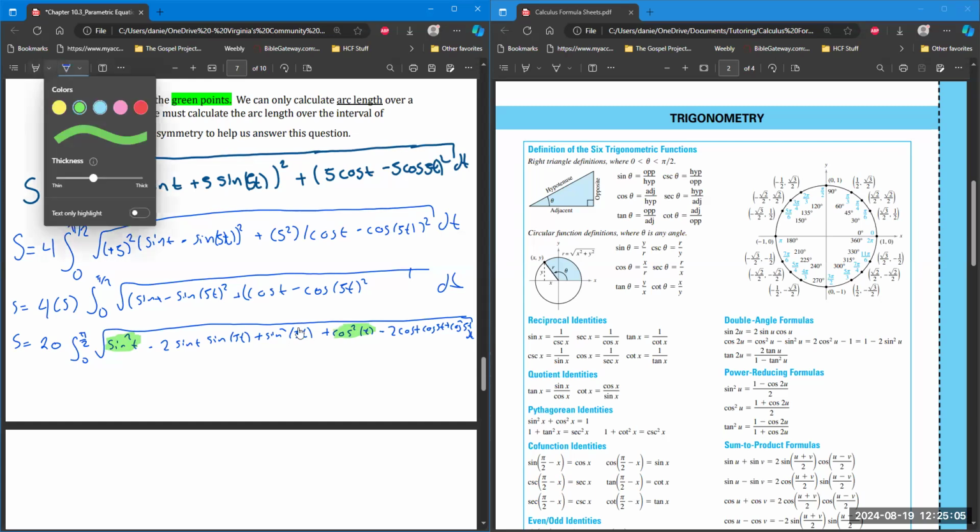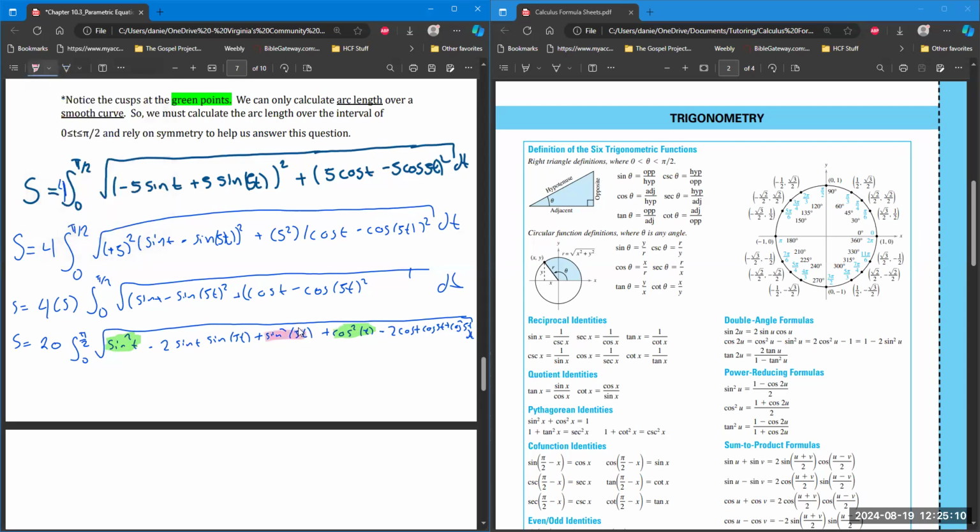And this sine squared 5t and this cosine squared 5t over here are going to make a 1 as well. So this is s equals 5 times the integral from 0 to pi over 2 of root 2 minus 2 sine t sine of 5t minus 2 cosine of t cosine of 5t dt.